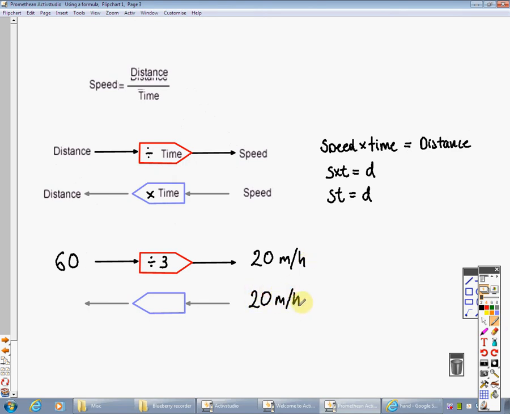And the opposite of divide by 3 is multiply by 3. So 20 miles an hour for 3 hours would of course give us a distance of 60 miles.